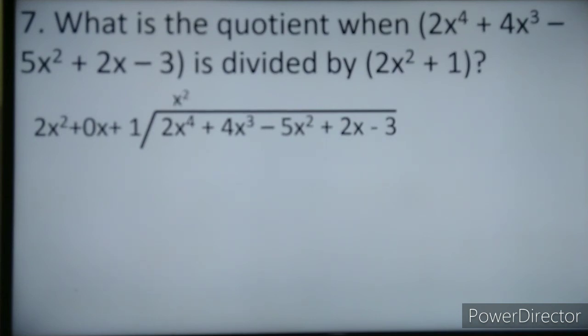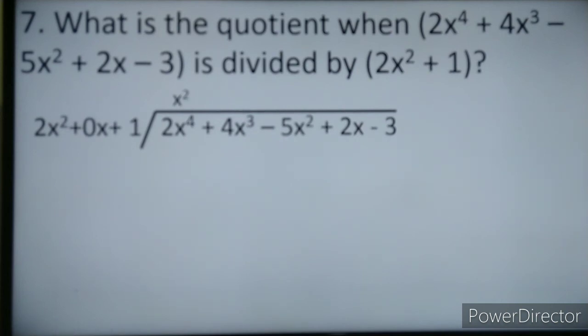Then 2x raised to 4 divided by 2x squared, the answer is x squared. Always start here, the first term of the dividend. Then divide it here in the divisor, 2x squared, the answer is x squared.